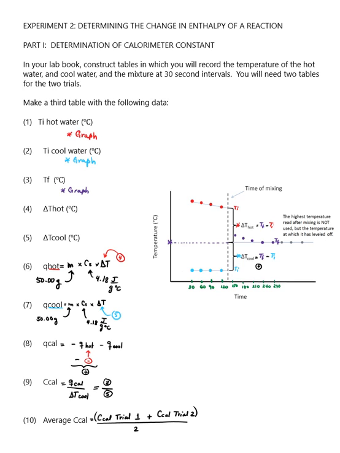Now, the last temperature that you have in your table for the mixture, the very last one at 120 seconds, that temperature represents your equilibrium temperature, or the temperature at which thermal equilibrium is reached. If you check your measurements of temperature, probably for the last 2 or 3, you have exactly the same number.